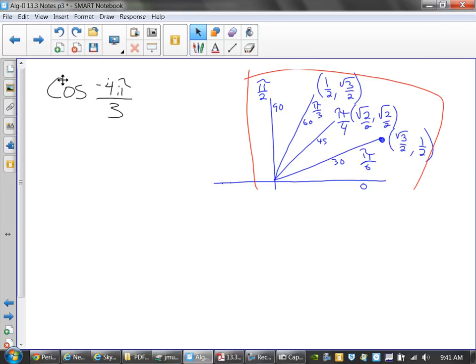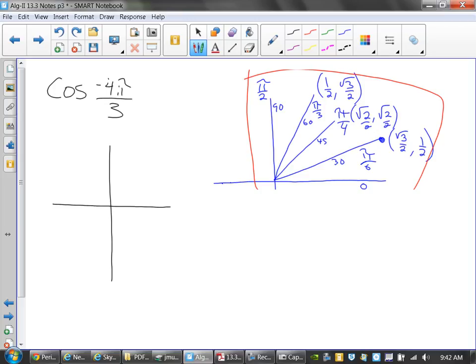I'm going to find the cosine of negative 4 pi over 3. When I'm working with cosine, I'm working with my x values. Usually if we were to plug it in a calculator, we get a single number as an answer. You're not getting the coordinate, you're getting the x value of an ordered pair. That x value is the answer. You're not looking at both sine and cosine, just asking for the cosine value. Again, when I start this, I have to figure out what quadrant the original problem lies within.